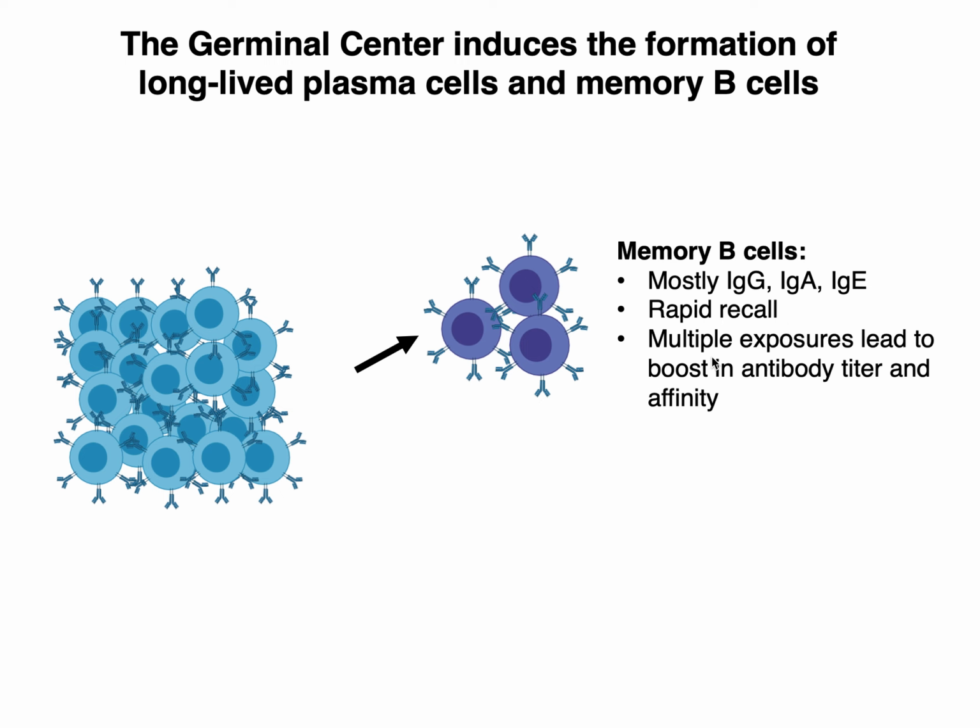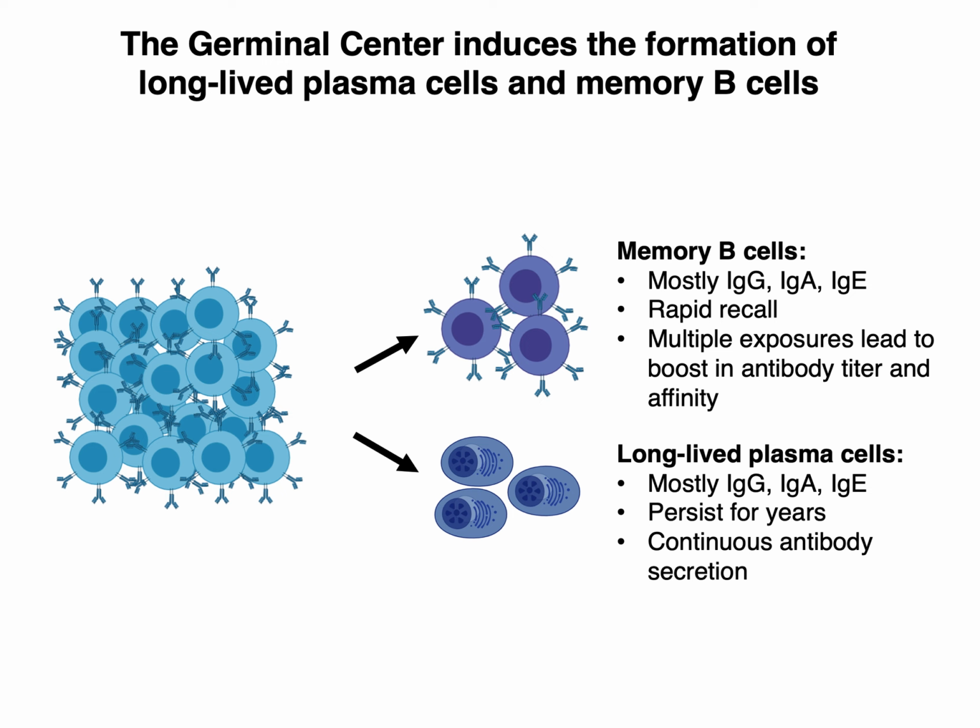And so multiple exposures to antigens can lead to boosts in antibody titers, or the amount of antibody in circulation, because these memory B cells get reactivated, undergo another round of clonal expansion, and secrete more antibodies. The other thing that happens within germinal centers is the formation of long-lived plasma cells.